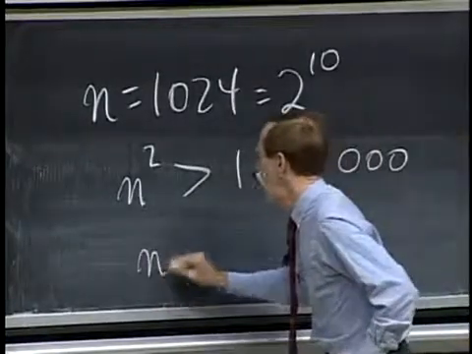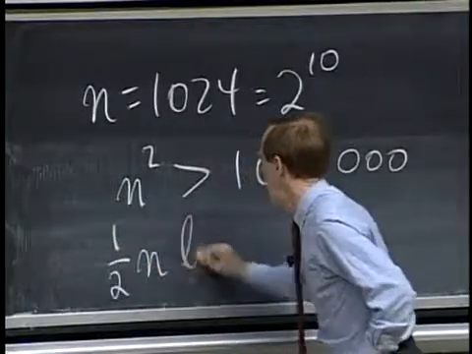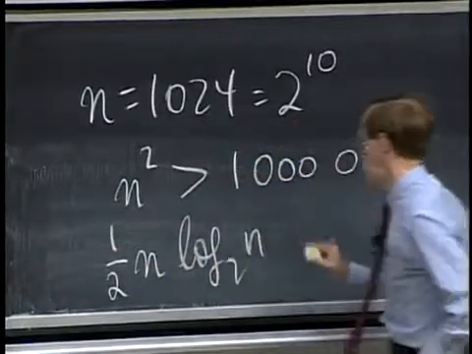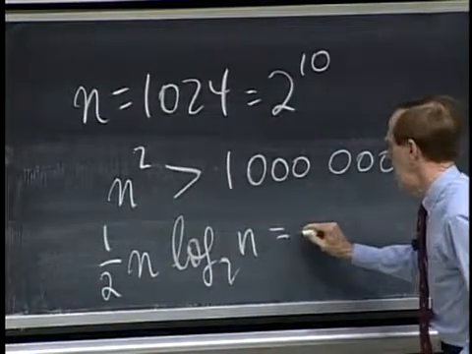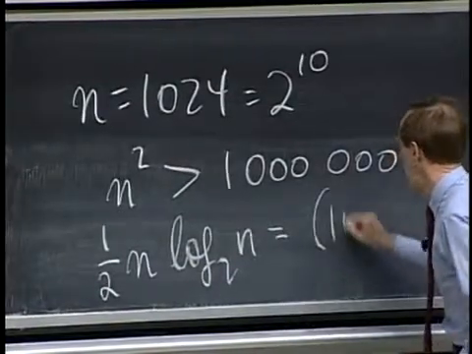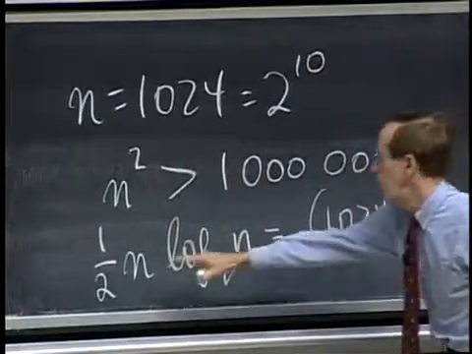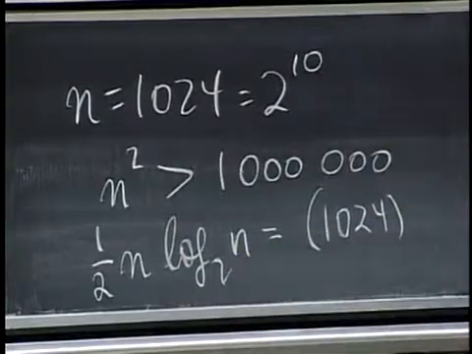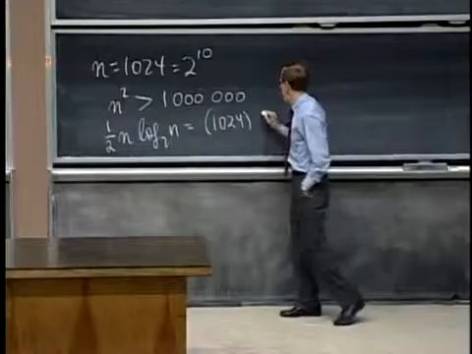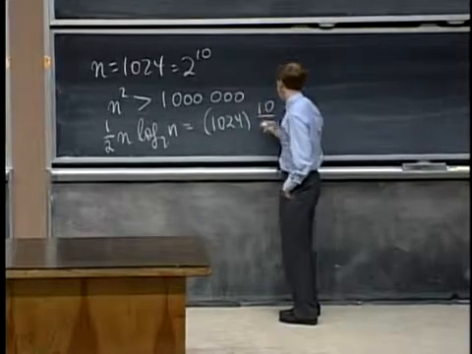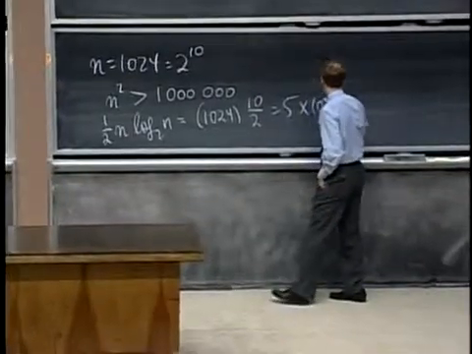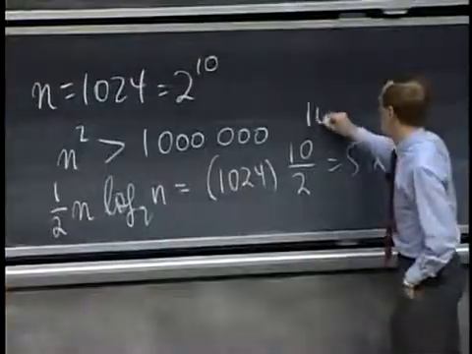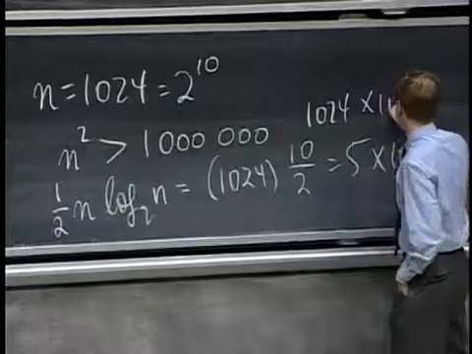But what is n? What is 1/2? What is the new count done the right way? It's n, the 1,024, times 1/2, and what's the logarithm? It's 10. So times 10 over 2. So it's 5 times 1,024, where this one was 1,024 times 1,024.